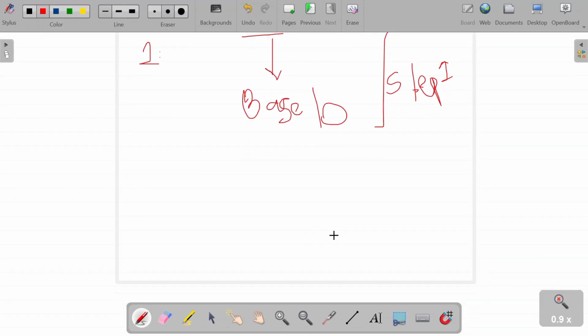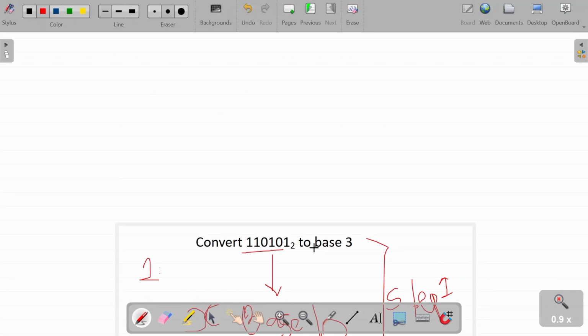Now the next step, step 2, asks us to convert whatever we got in base 10, let me put x base 10, to what we were asked to convert it to: base 3.